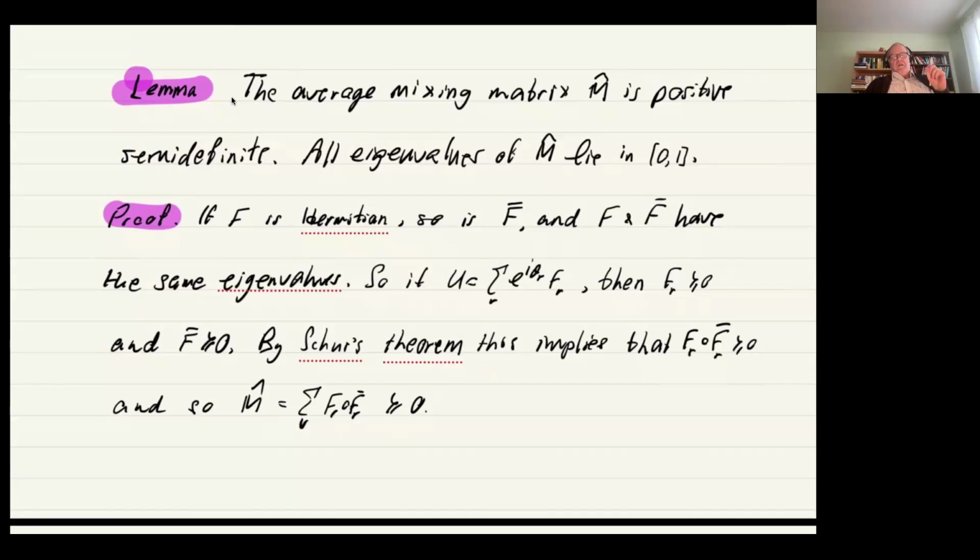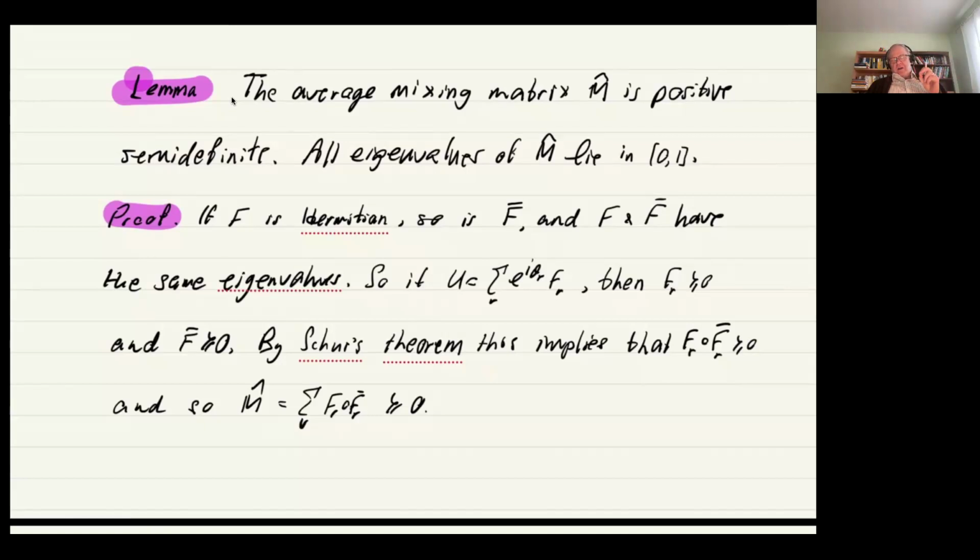Now, that's not an average state is positive semi-definite because you're averaging density matrices, and density matrices are positive semi-definite. And although it needs a line or two of proof, an average of positive semi-definite matrices is positive semi-definite. It doesn't matter whether you compute the average by a weighted sum or by an integral. So average states are positive semi-definite for free.